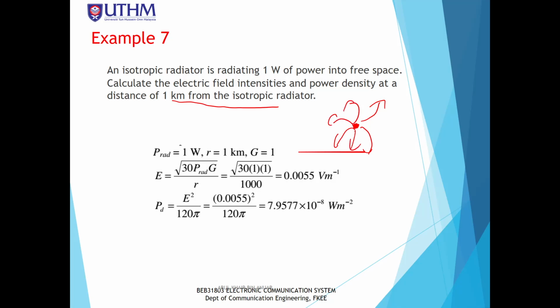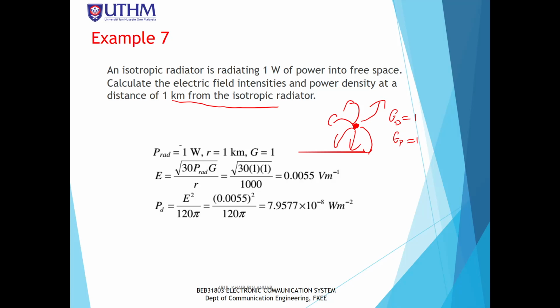So when it mentions an isotropic radiator, remember another characteristic is about gain. GD equal to 1, GP equal to 1. Apabila kita menyatakan tentang isotropic radiator, ada dua sifat utama. Yang pertama, isotropic radiator radiates the energy in all directions, and then the gain is equal to 1, both GD and GP.